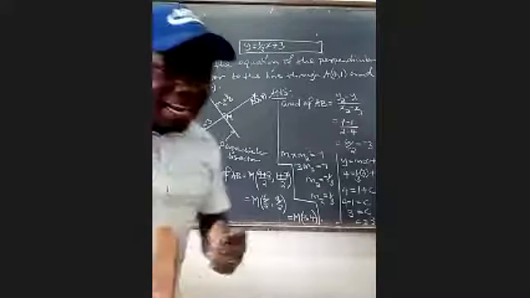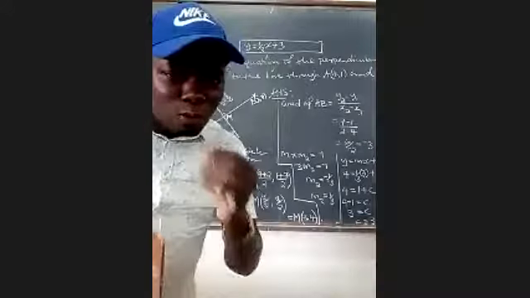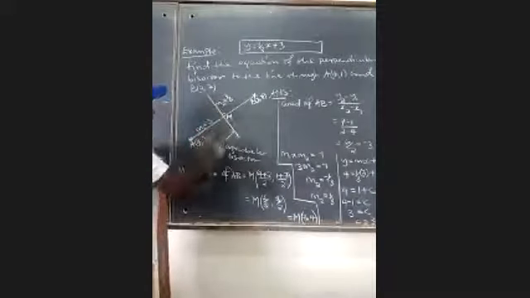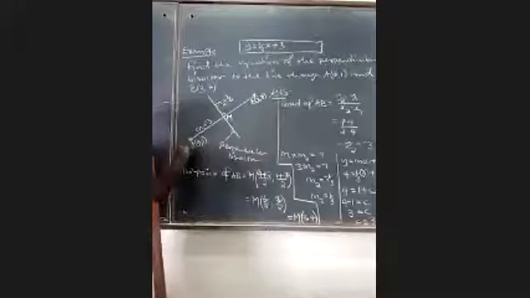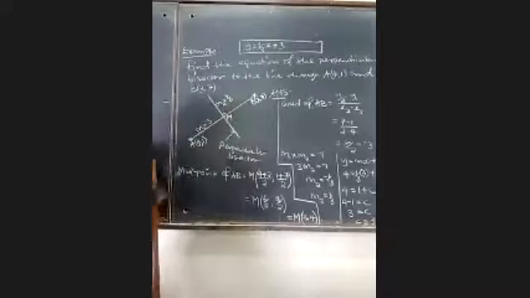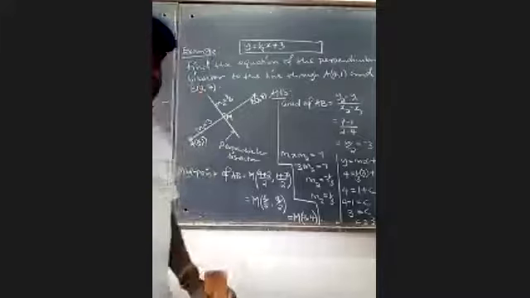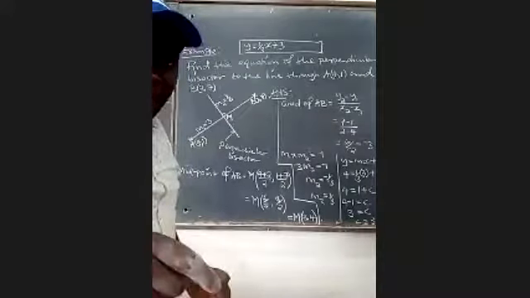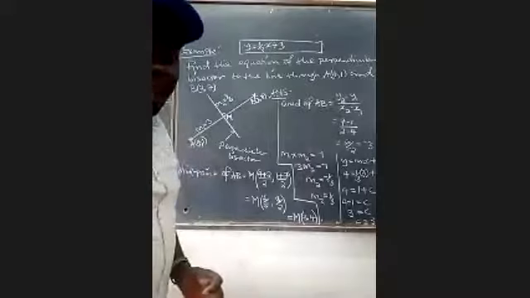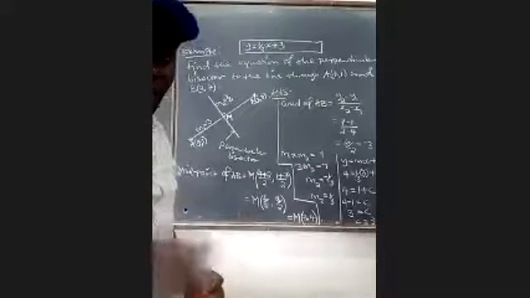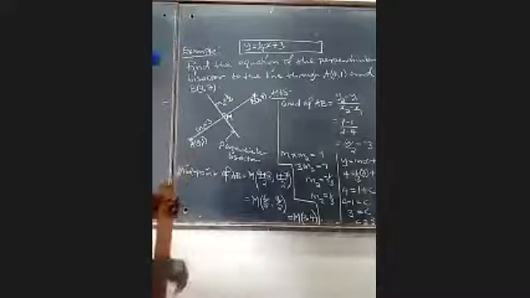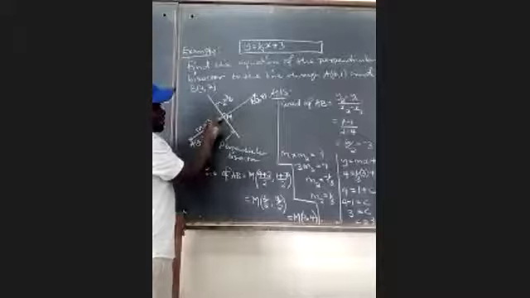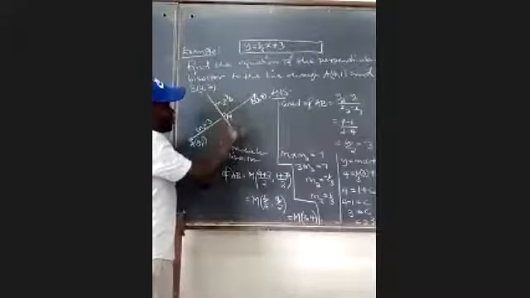People, can I go through those steps again very fast? Yes. We are told to get the equation of the perpendicular bisector to AB. We said that the perpendicular bisector, first of all, is perpendicular to the given line. And then second, it must be passing through the midpoint of the given line. So the first step was to get the midpoint, which is a point on this perpendicular bisector.